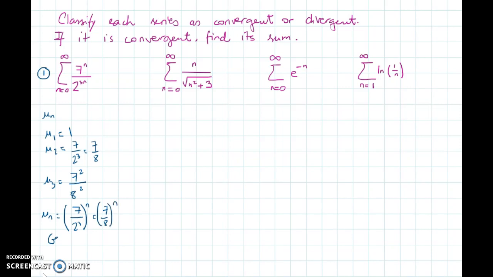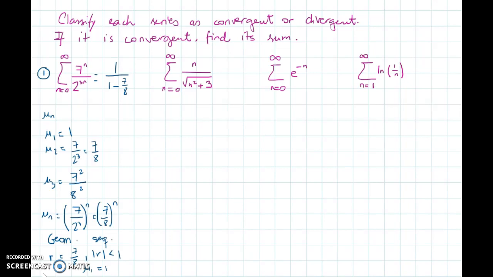So this is actually a geometric sequence. The common ratio r is 7 over 8. So the common ratio is less than 1. And the first term, we wrote it over there, is 1. So we can find the sum. We know how to do this. We need to do the first term over 1 minus the common ratio.